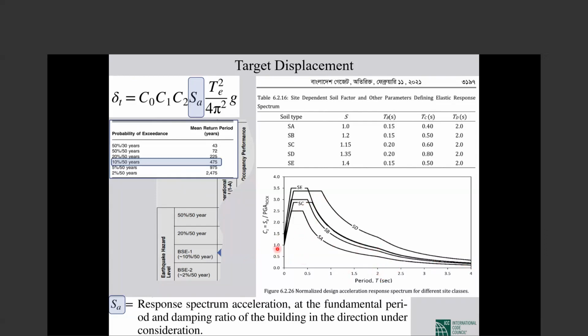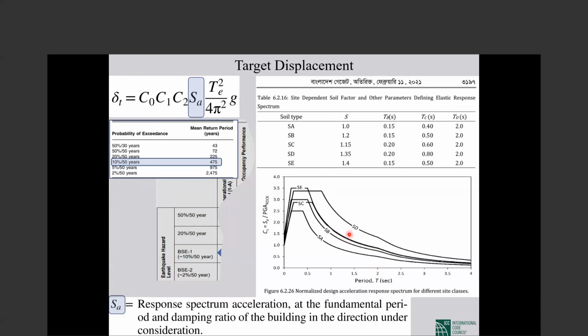Is there any way that we get a good estimation of the displacement? Yes, of course. Not an accurate one, just an estimation: if you have the period of the building, calculate the omega of the building, which is usually 2 times pi divided by T. So you get omega.